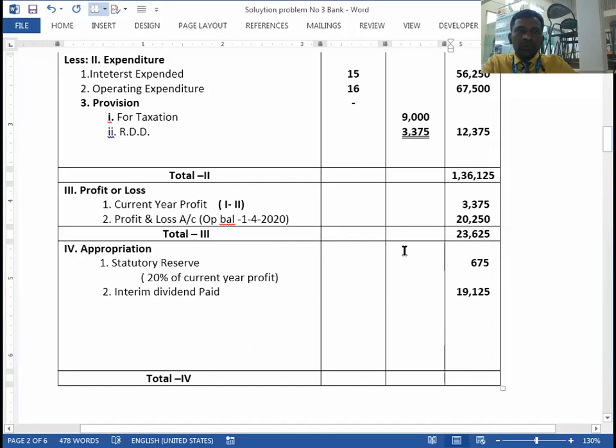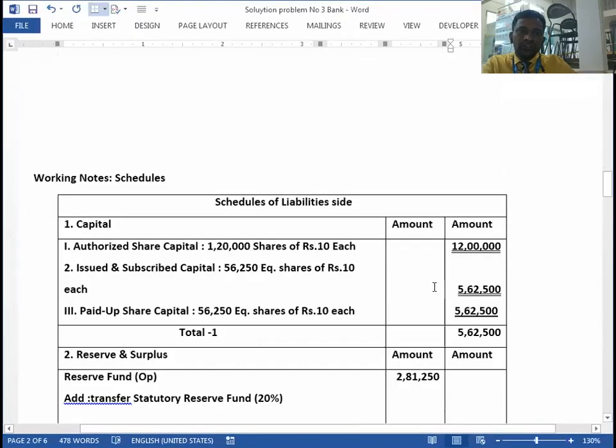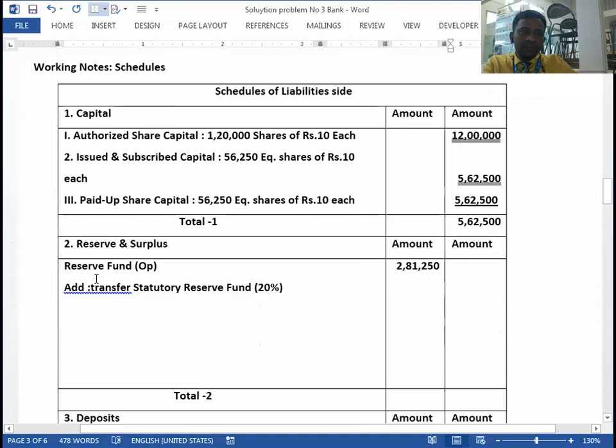So out of the total profit 23,625, this is the appropriation. We kept aside 20% statutory reserve from the current year profit. That's why it is transferred under schedule number 2, that is reserve and surplus. See here, reserve fund opening balance and transfer to statutory reserve fund 20%. So deduct from total profit and add in the reserve and surplus.